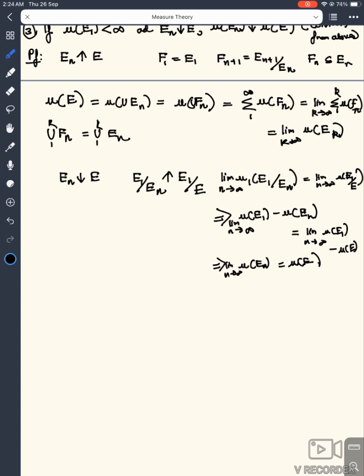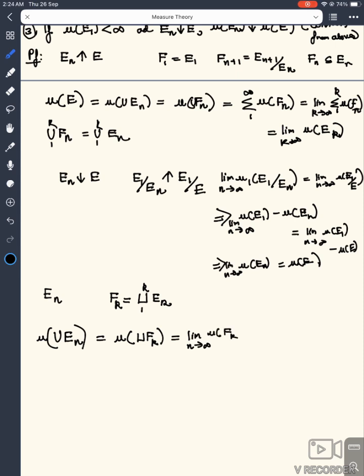Suppose En is a disjoint collection, and take Fk to be the disjoint union from 1 to k of Ek. So take the union of En, and mu of this is the same as the limit of mu of Fk, as k tends to infinity, by continuity from below. Note, Fk is not a disjoint union, I said the other way around.